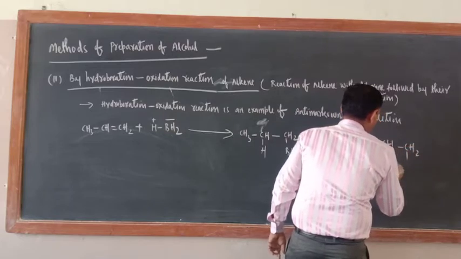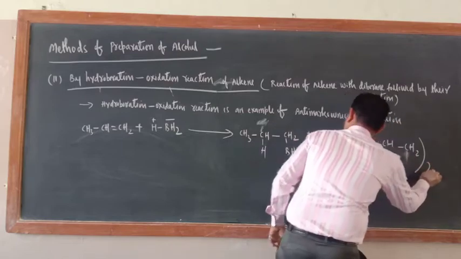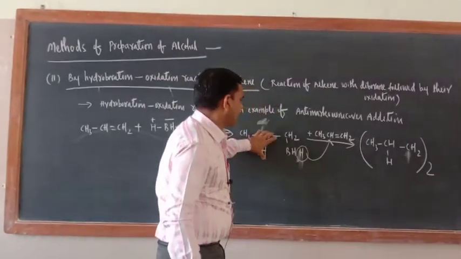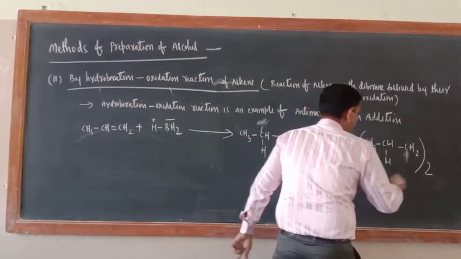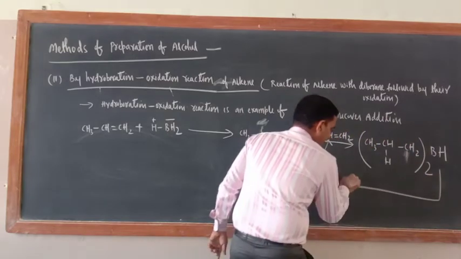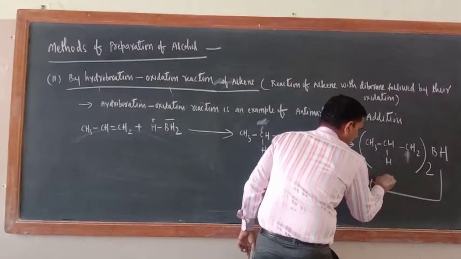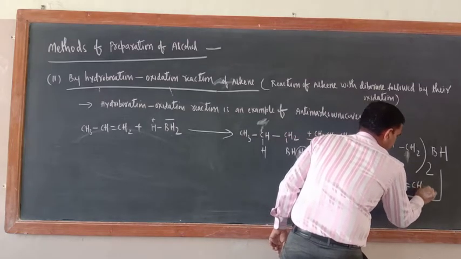Now put here whole twice, because like that two molecules are there, and now one H has gone here. So now this is BH, still one replaceable H is there. Again put here CH3 CH double bond CH2.